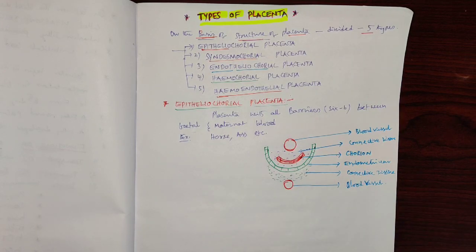That means out of 6 barriers, 3 are from fetal and 3 are from maternal.